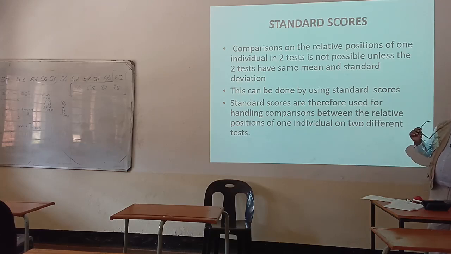And in bringing them to the same level of measurement, you use the mean and the standard deviation. If you have those standard scores, then you can compare relative positions of one individual in two different distributions or two different tests.